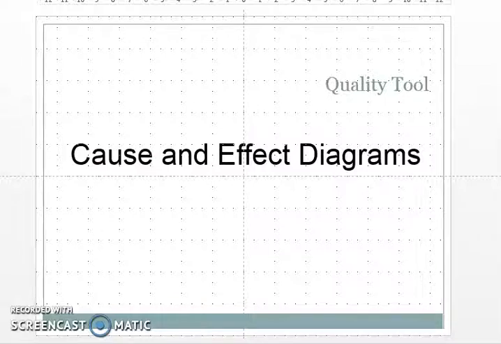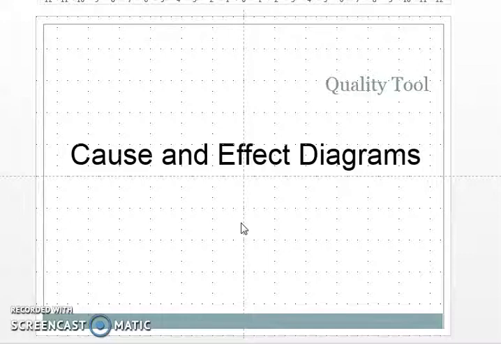The purpose is to demonstrate the different causes of a particular problem. For that purpose you have to draw this cause and effect diagram. Before drawing a cause and effect diagram, you have to use the brainstorming technique to generate various possible causes.